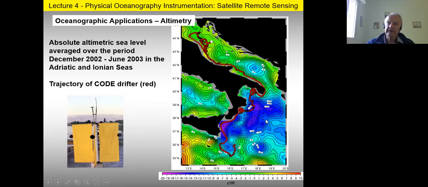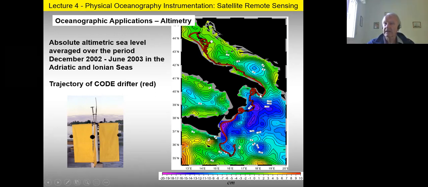If we superimpose the absolute altimetric sea level averaged over the period from when the drifter was launched until the moment it died, you can see how well this fits. The drifters follow very nicely these strong southward currents, again leaving the high sea level on their right.